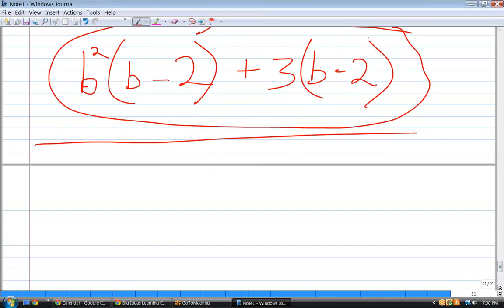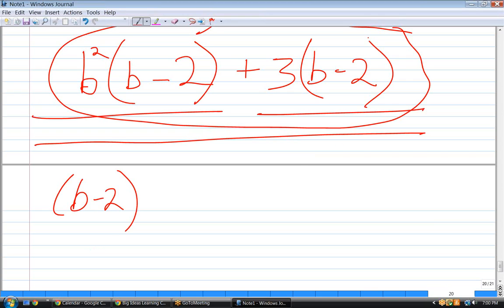What can I factor out of that expression? I can factor the b minus 2, the whole thing out. Why? Because I can divide that by b minus 2 and I can divide that by b minus 2. Well, what's left when I do that? When I divide this, b squared over here. What's left over here?